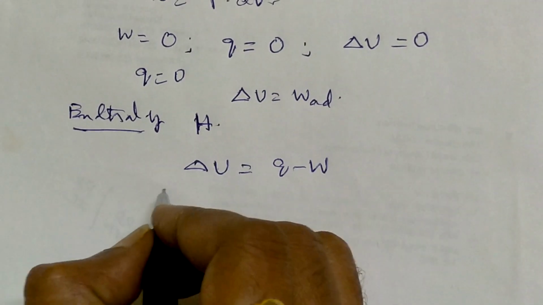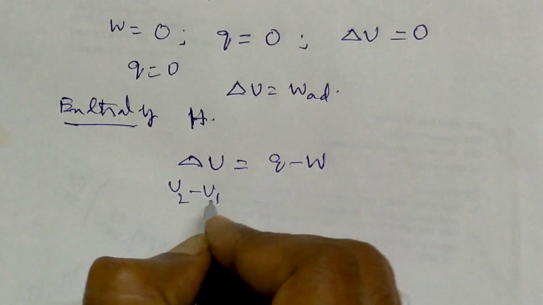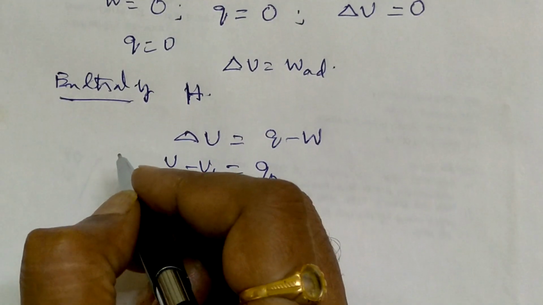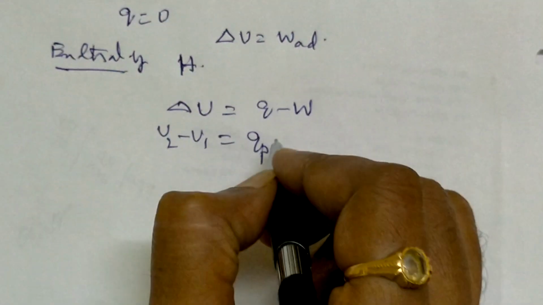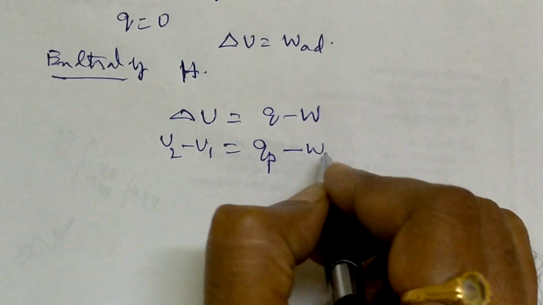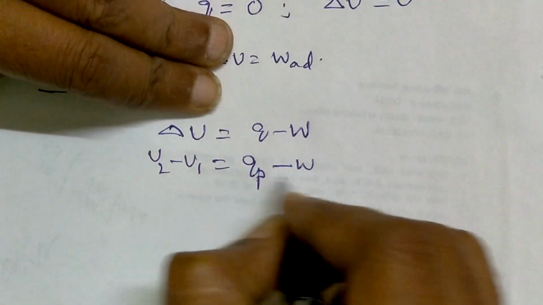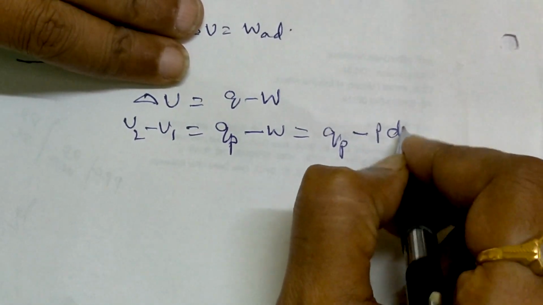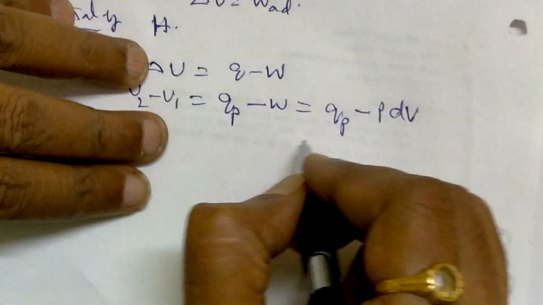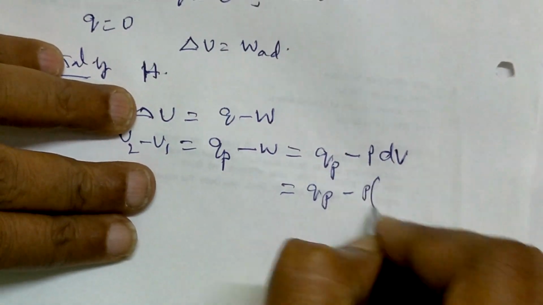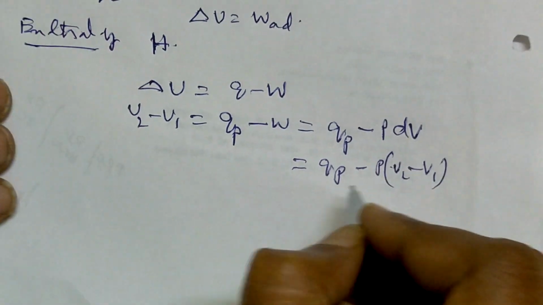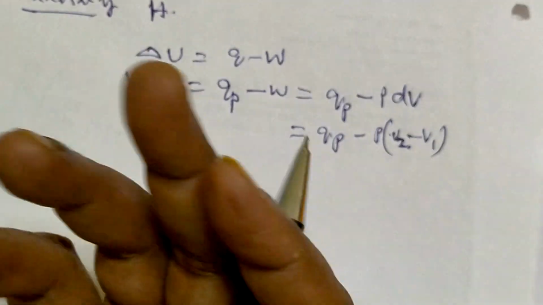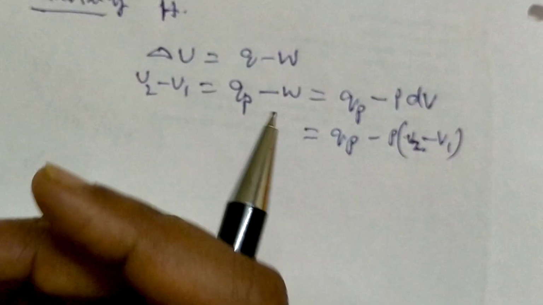Delta U is nothing but U2 minus U1, and at constant pressure QP, I am giving heat at constant pressure, so there will be a change in work, that is P delta V. Replacing in the equation, delta U equals QP minus P delta V, which is P times V2 minus V1. Sometimes I write f and i, sometimes 2 and 1; both are the same, final and initial, or second and first.